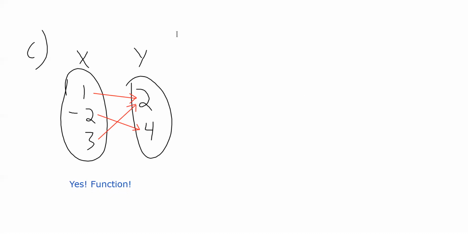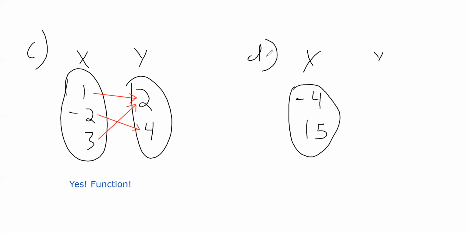All right, what if we played with it a little bit? Let's try another one. Let's call this D. I like to make sound effects. I'm sure you guys love to hear the sound effects.